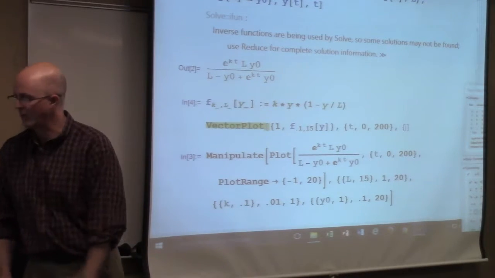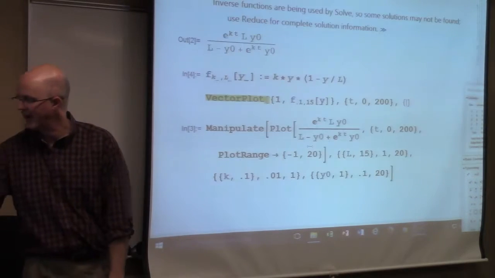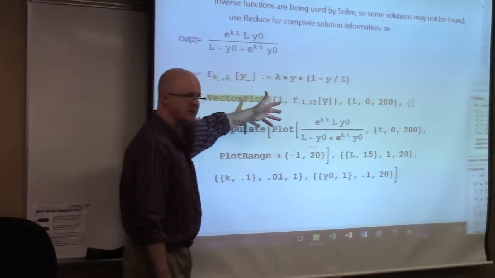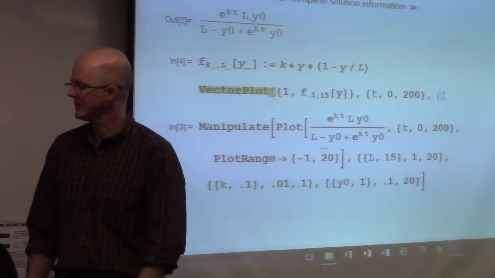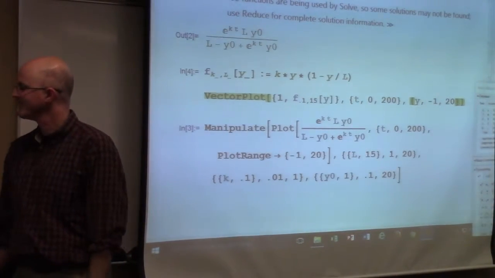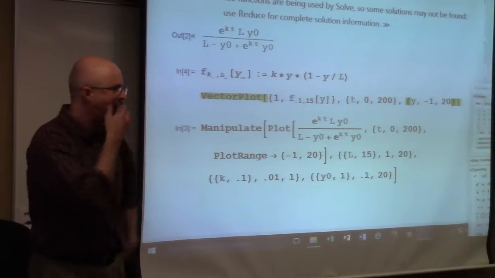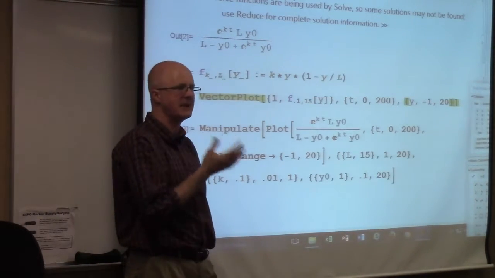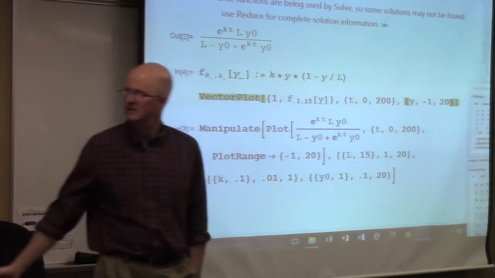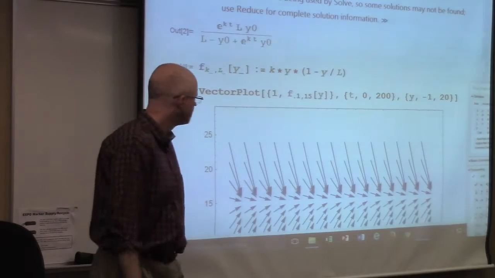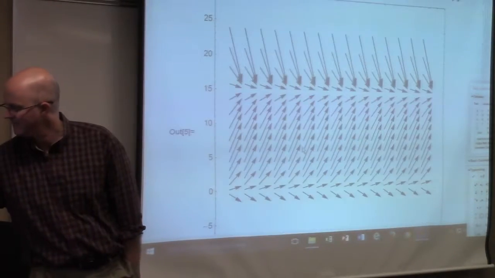What range of values for y? Well, in this plot that we made there, y went from -1 to 20. That was the plot range there. I could pick the same kind of plot range up here. Y, comma, -1 to 20. If I enter this as is, what I'm going to get is a picture of a bunch of arrows that may be not so nice looking. Let's see what happens. That's not too bad.